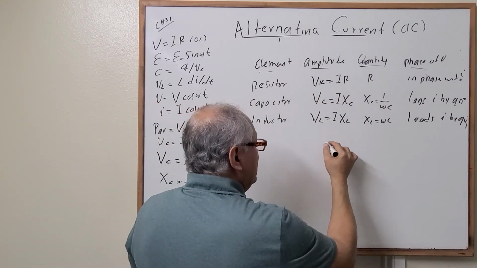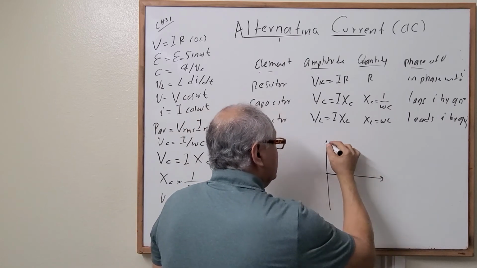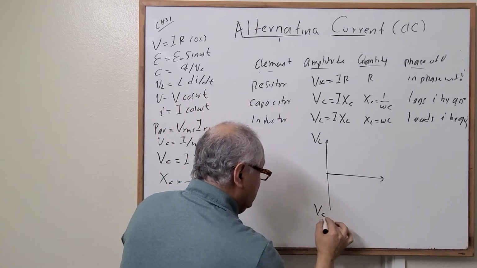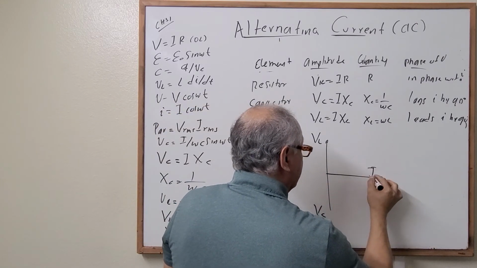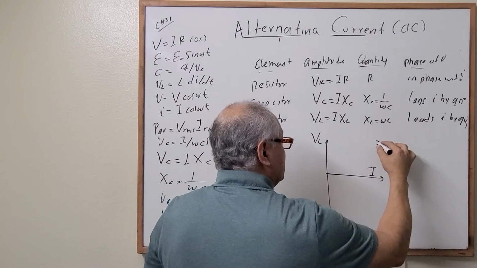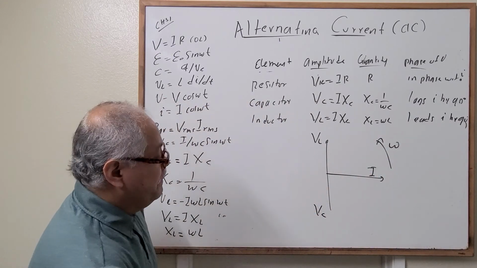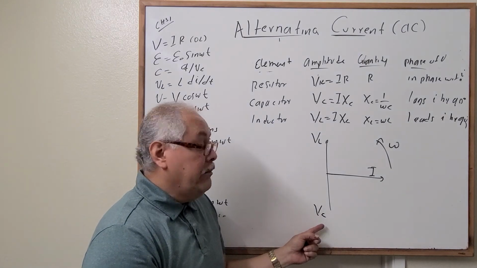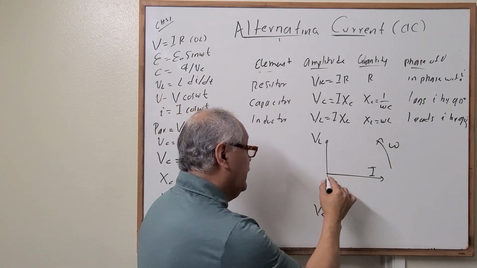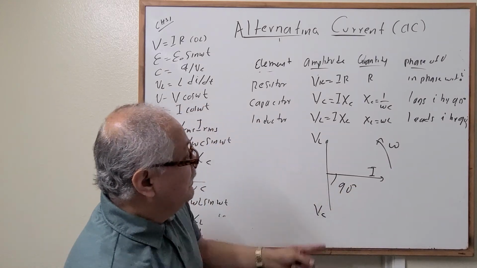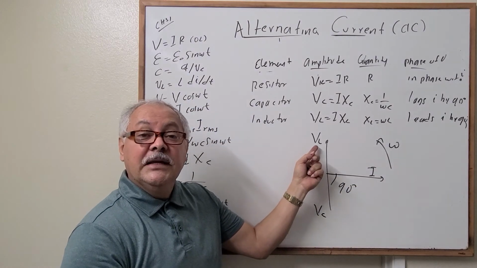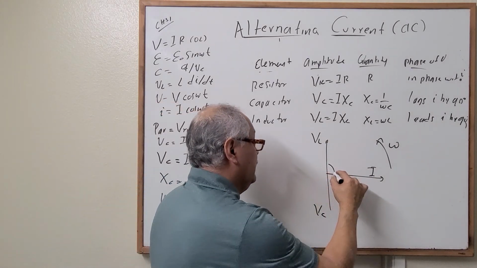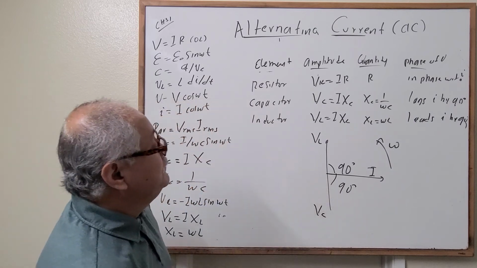We represent all of them in this way: this is the maximum for the inductor, the maximum for the capacitor, and that's the current. Remember, it's a counterclockwise motion. In this case, the voltage across the capacitor is behind the current by 90 degrees, and the voltage across the inductor is ahead of, or leading, the current by 90 degrees.